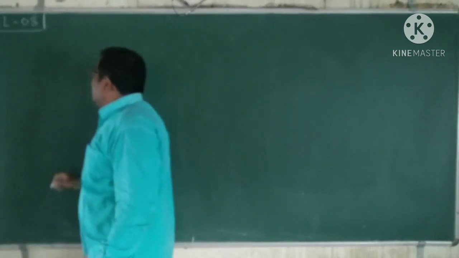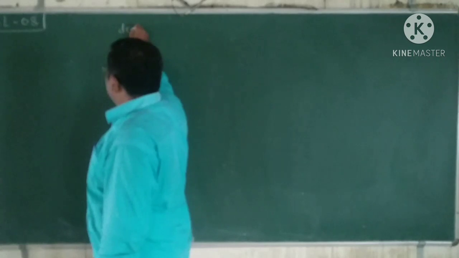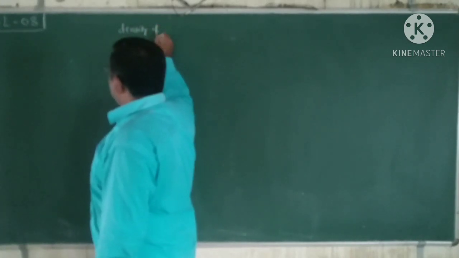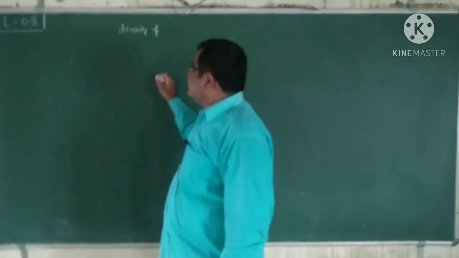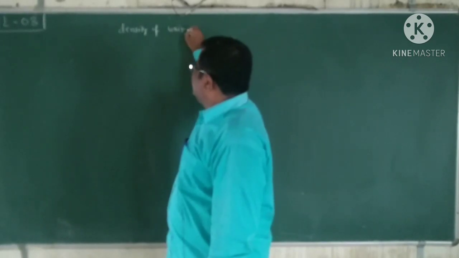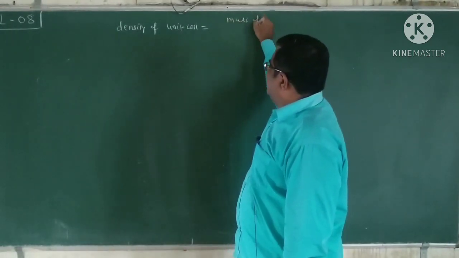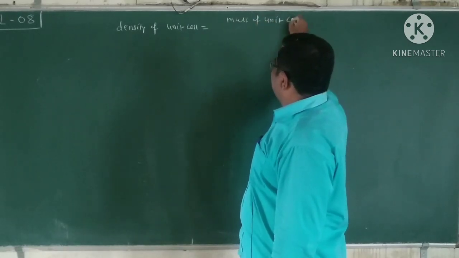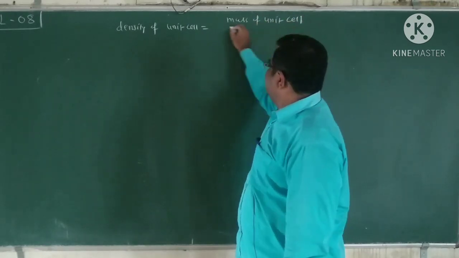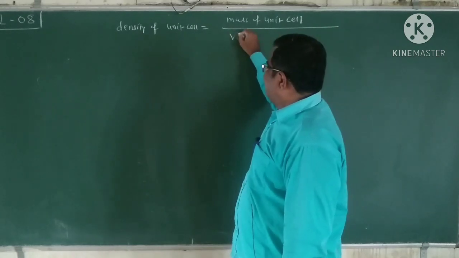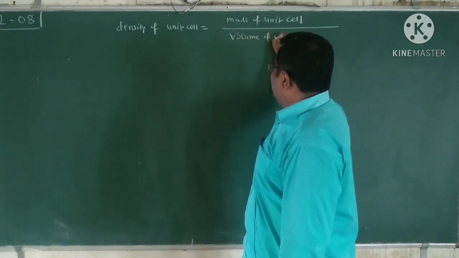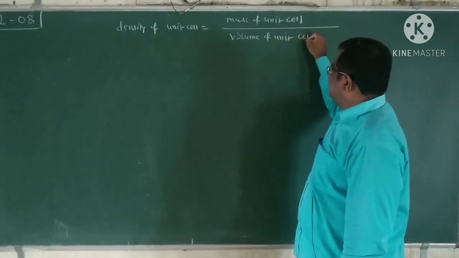First we must know that density of unit cell is equal to mass of unit cell divided by volume of unit cell.